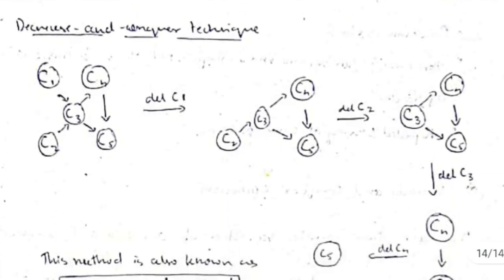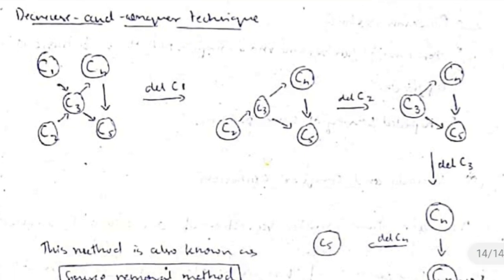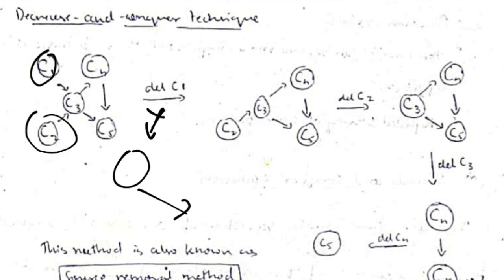And the second one is the decrease and conquer technique. In this technique, first find the source node. A source node means the node which has no incoming edge, only outgoing edges. For example, C1 and C2 are the source nodes. Remove them. In the first iteration you will remove C1, so you will have C2 as the source node.